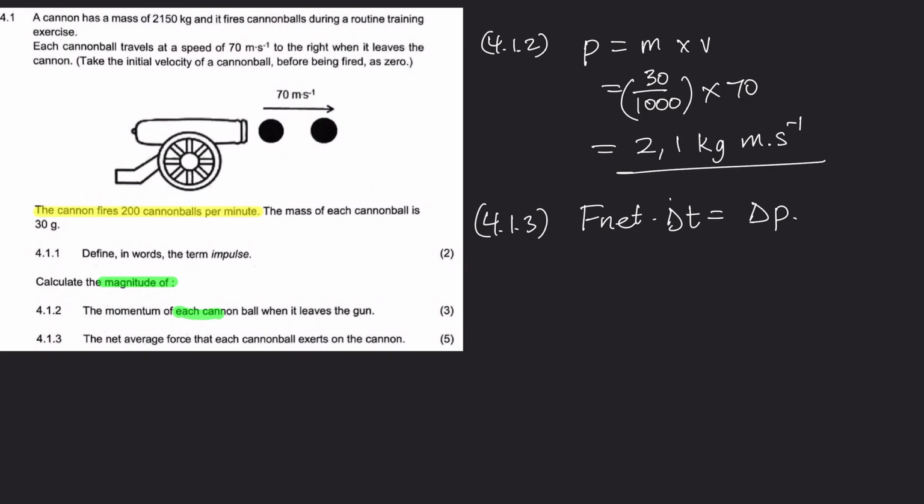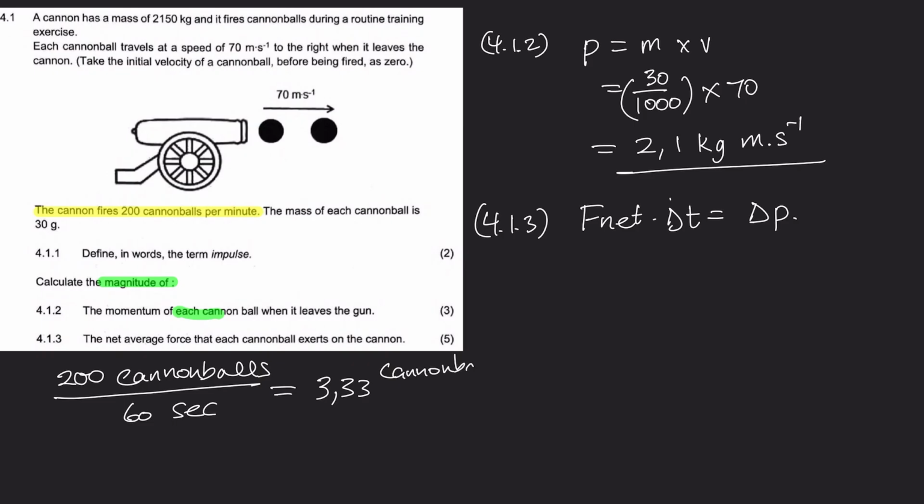Now, watch how we can do this. 200 cannonballs in 60 seconds. If you convert that, that is 3,33 cannonballs in 1 second.